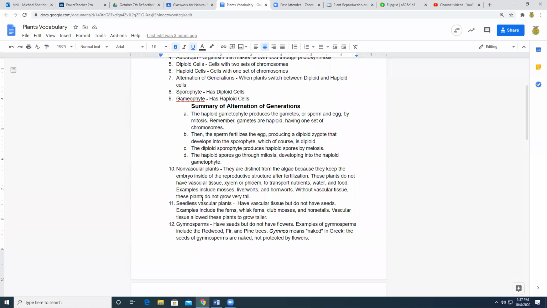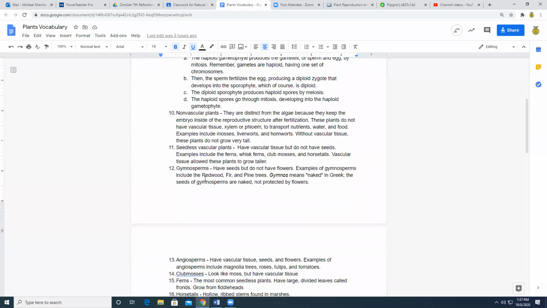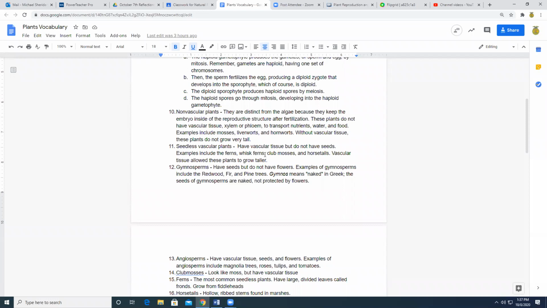They don't have vascular tissue, so they can't grow very much. Seedless vascular plants, so this is ferns. Their leaves are separated and they've got lots of different features, but this is your example of ferns. They have vascular tissue, which allows them to grow small.